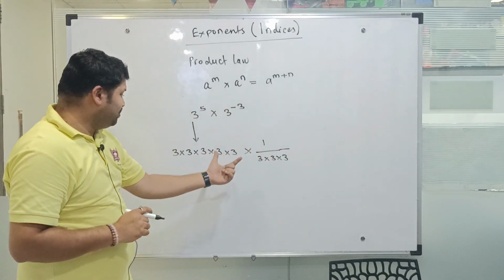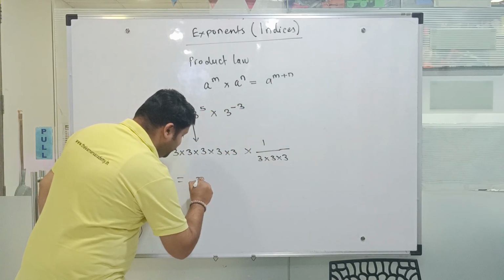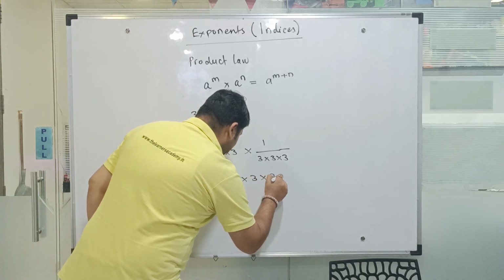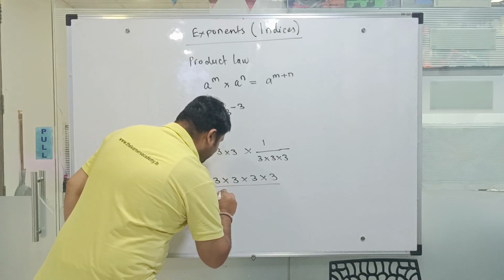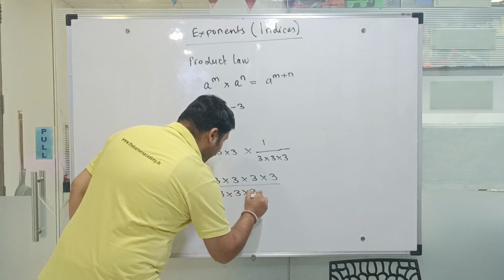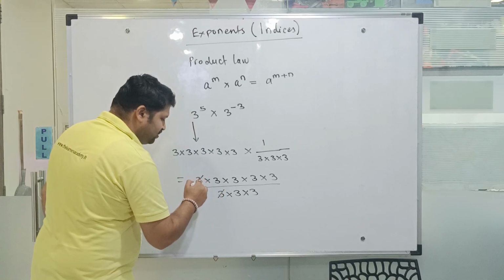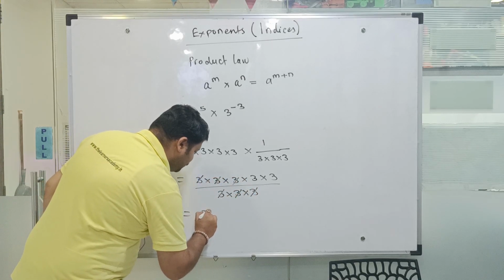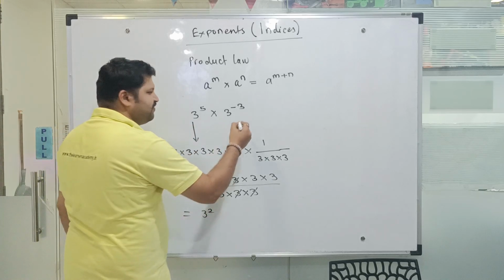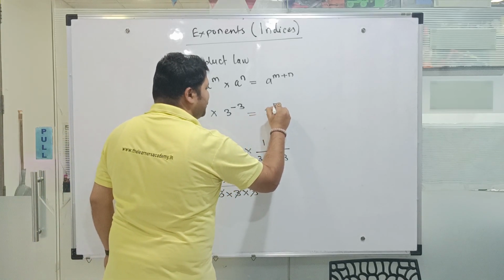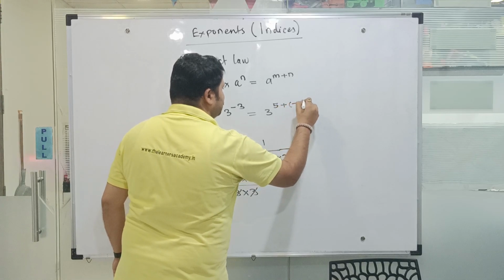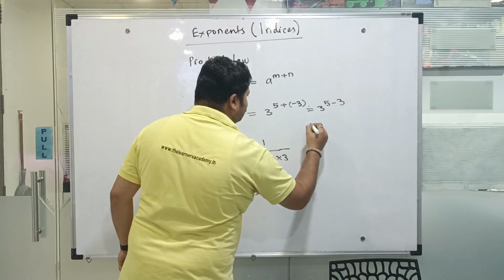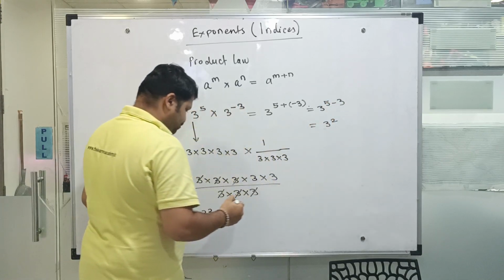So when we do this multiplication, it would effectively be 3 multiplied 5 times and then divided by 3 three times. I can cancel them out, and what I would be left with is 3 to the power of 2, which effectively would be 3 to the power of 5 plus minus 3. So that is 3 to the power of 5 minus 3, so that is 3 to the power of 2.